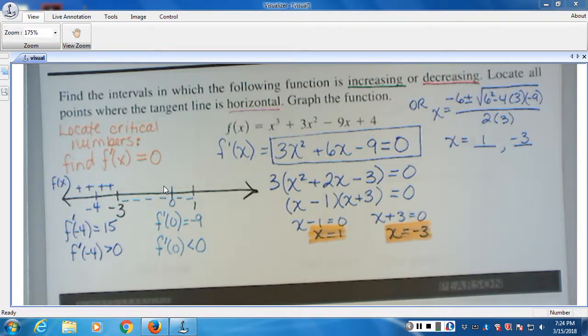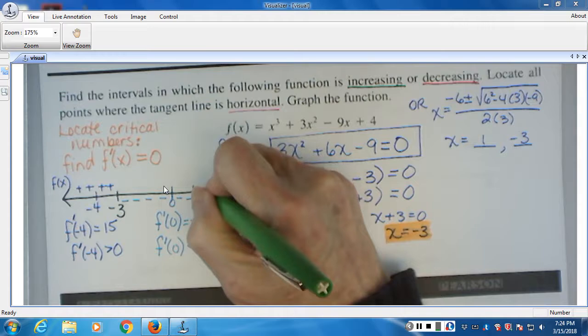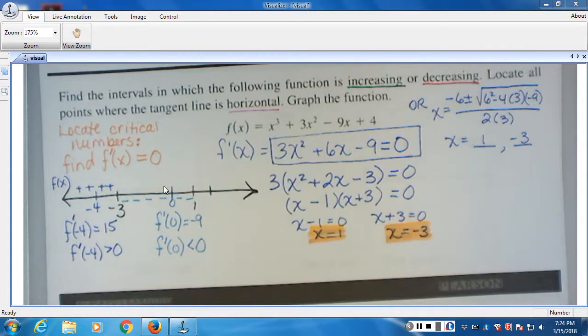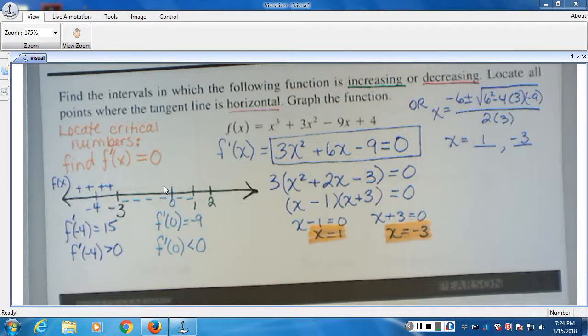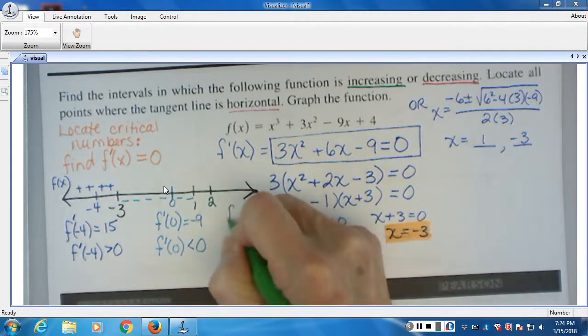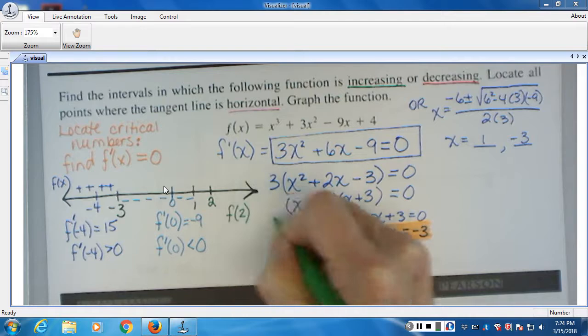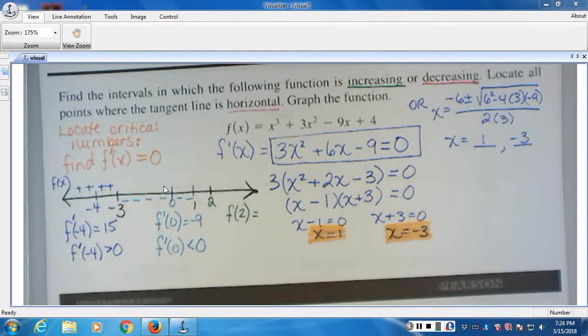So then I need to test a number that's more than 1. And once again, because I'm not crazy about doing any really heavy-duty math, I like 2. And I need to know where is f prime of 2 as far as positive or negative.